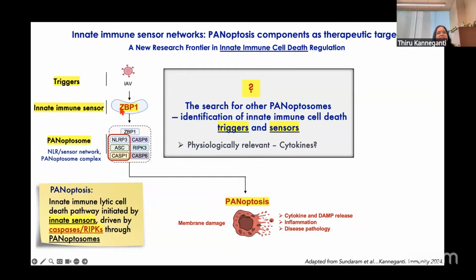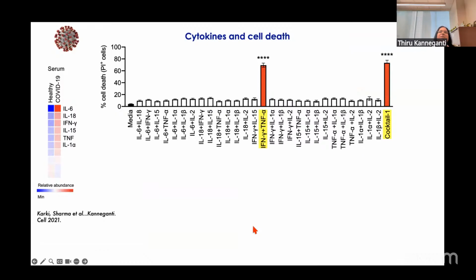So after this, we began thinking, how do we search for other panoptosomes? How can we discover new sensor molecules that can engage these multi-protein complexes that drive this lytic cell death? That led us to think about the possible combinations or physiologically relevant conditions where cell death could be triggered.